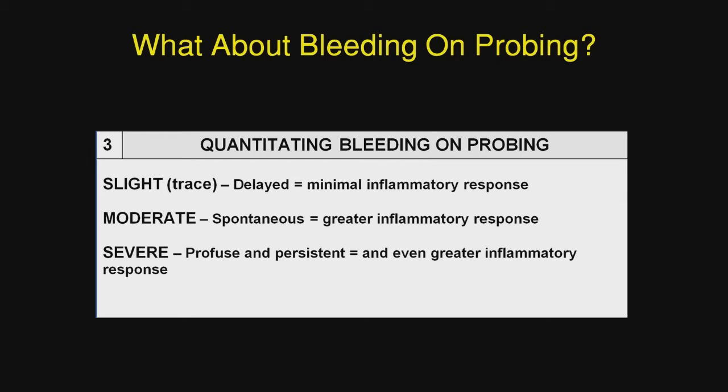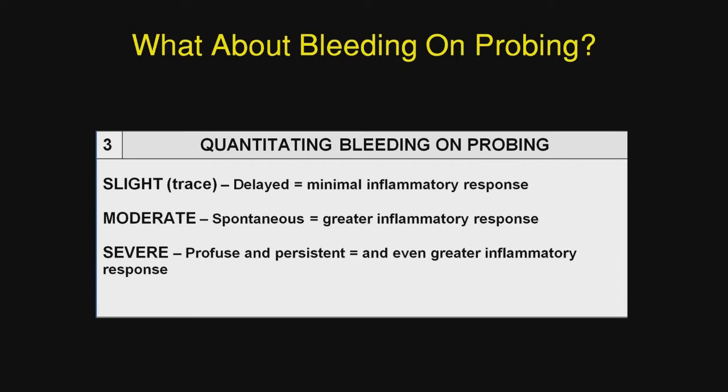Moderate bleeding on probing is spontaneous, and it means there's a greater inflammatory response and a more significant clinical finding. In this case, let's say that you place the probe in a pocket and it measures 5 millimeters, and you withdraw the probe, and as the probe is withdrawn, blood follows that out.